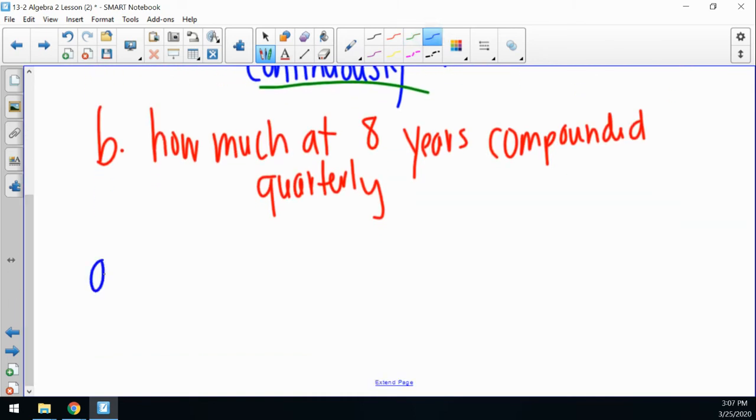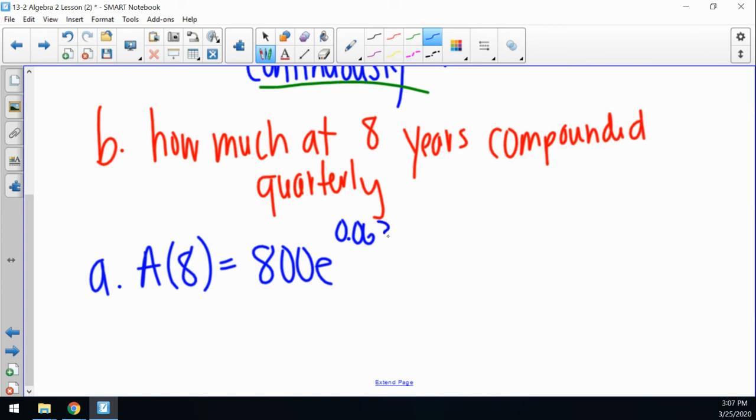So part A, I wrote it in blue, I'll answer it in blue. We're going to use our PERT problem. So A of 8 is going to be the original amount, $800, e to the 0.063. Notice I had to change my rate into a decimal, times 8 years, right?